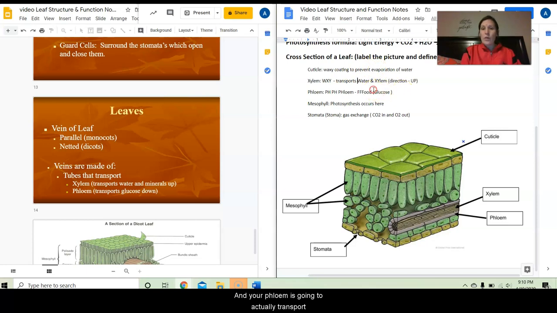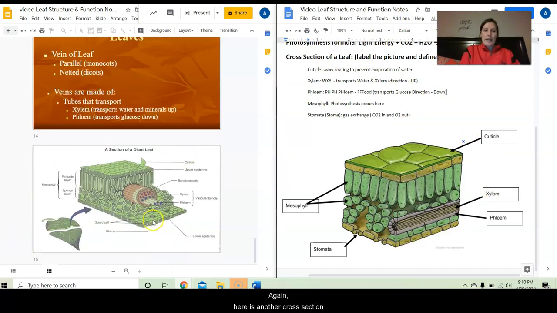And your phloem is going to actually transport glucose. In what direction do you think it flows? Down, because we're going to send it down to the roots, possibly to the stem if the stem can't do photosynthesis. Some stems don't do photosynthesis, so we have to send food down in that direction.